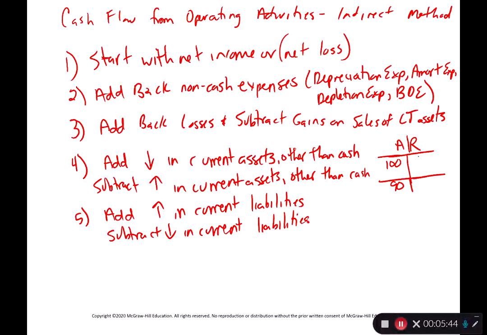So as an example, if we sold 200, in order for this to work, we must have received 210. So 200 plus 100 is 300 minus 210 is 90.